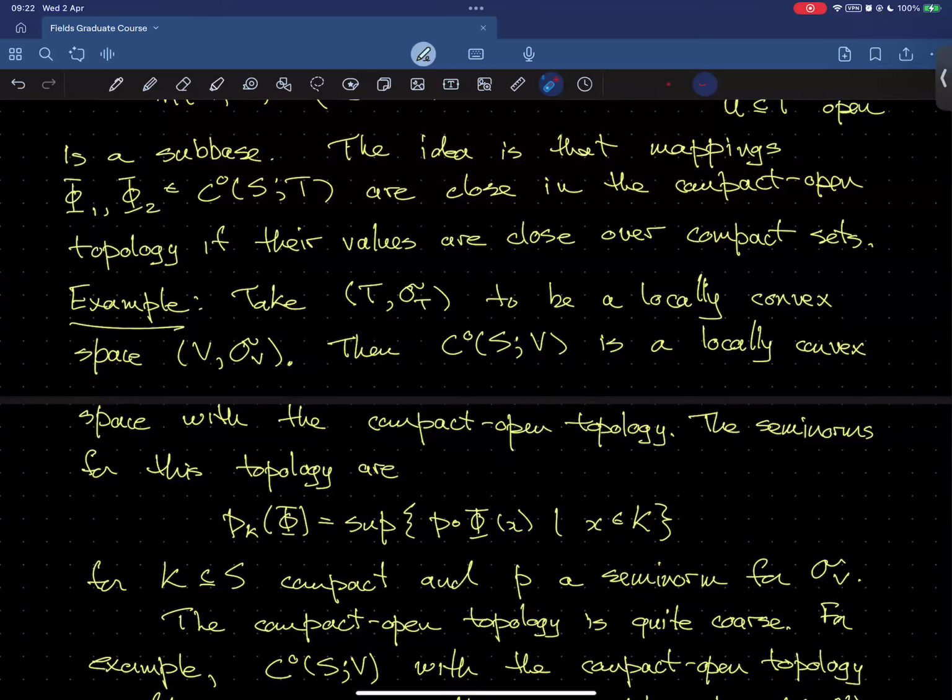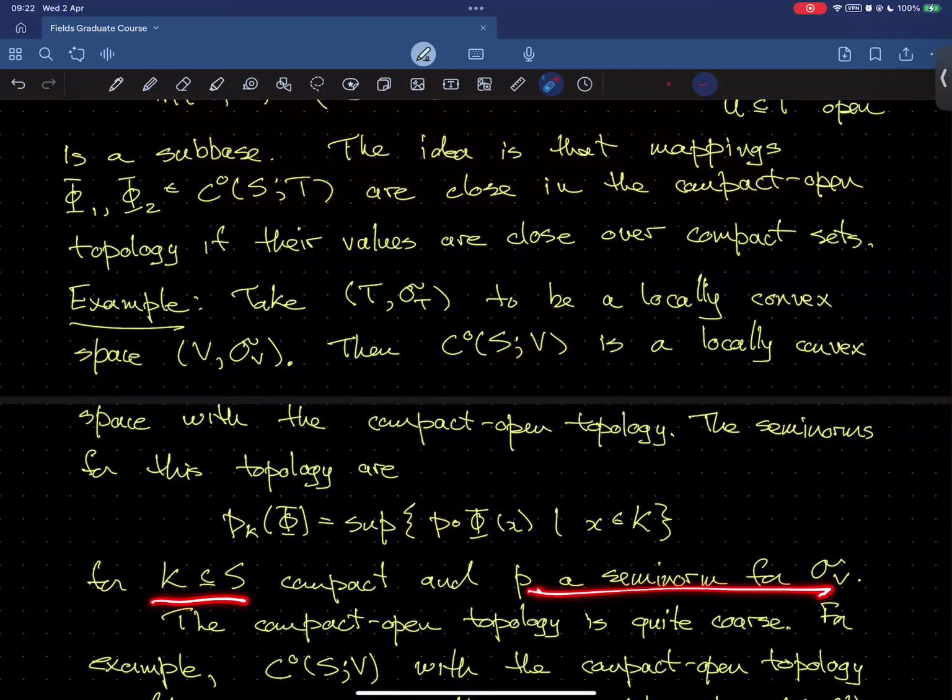And then V is a locally convex space, so it has a bunch of semi-norms, which we call P. The compact open topology for this space is obtained in the following way, by defining its semi-norms. I take a P, which is a semi-norm for the locally convex topology on V, and I choose a compact set.